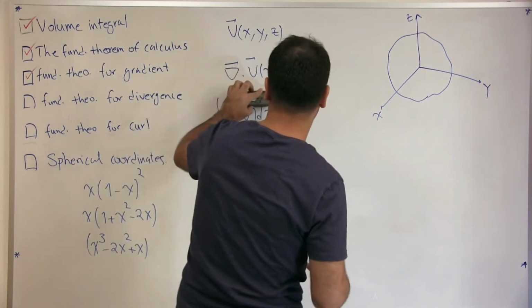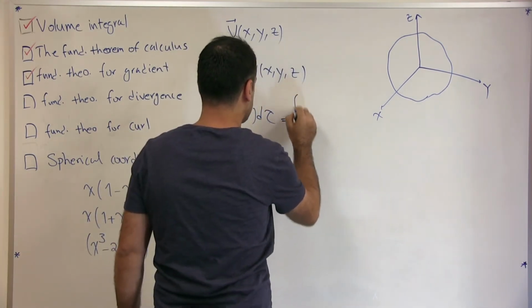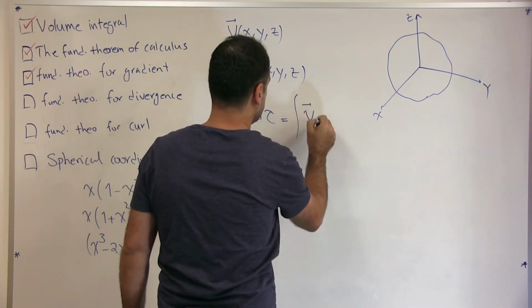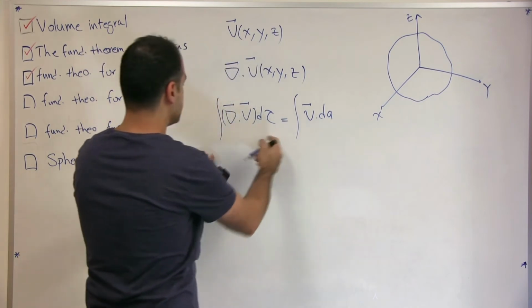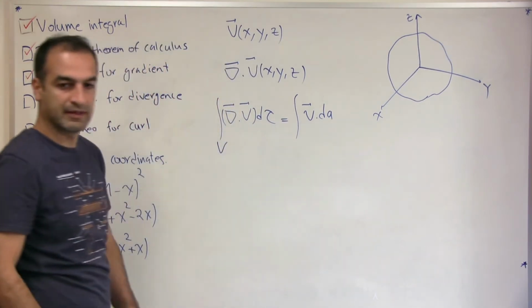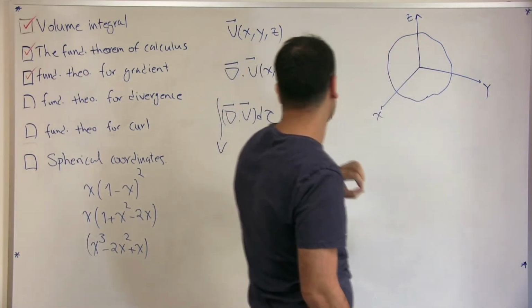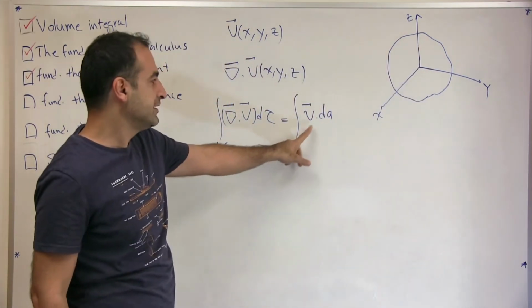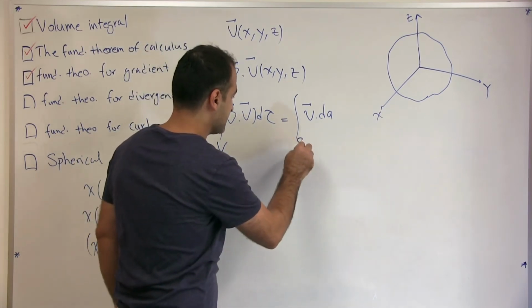So we get this one, and this is actually equal to the integral of v dot dA. The first integral is on the volume, so it covers all the volume inside your shape. The second integral, v dot dA, is an integral on the surface, so I write S here.